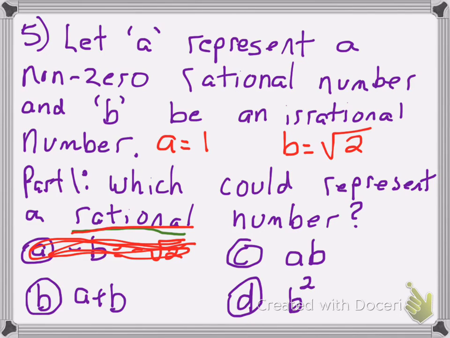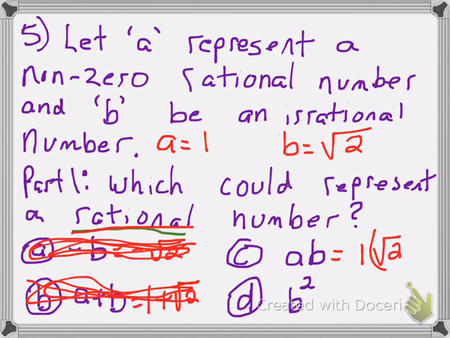Let's try answer B. 1 plus the square root of 2. If you punch that in on the calculator, it's going to be a really not very pretty number. That ain't rational. Sorry, Miss Wessel. People. Okay. Part C. Well, 1 times the square root of 2. 1 times square root of 2 is just, well, square root of 2.